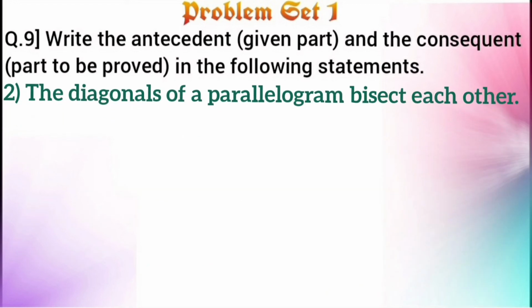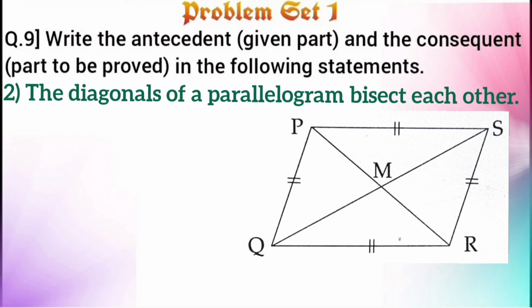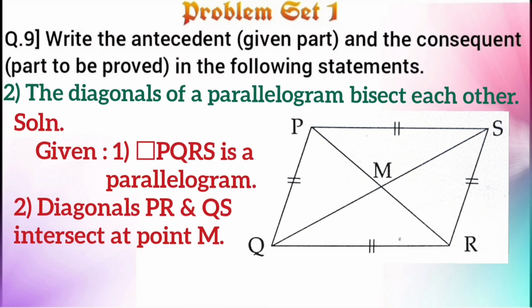The diagonals of a parallelogram bisect each other. So here we have drawn one diagram based on this statement. Let's see the given part. Here quadrilateral PQRS is a parallelogram. This is given. The second given thing is, diagonals PR and QS intersect at point M.